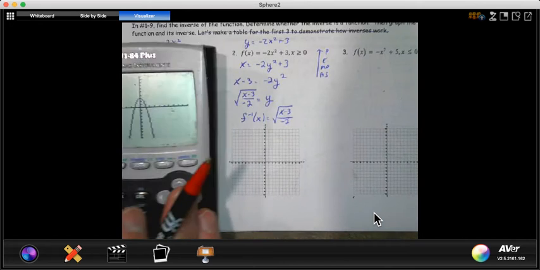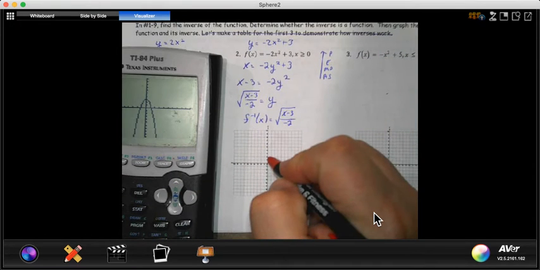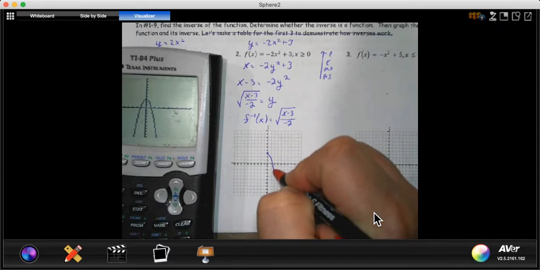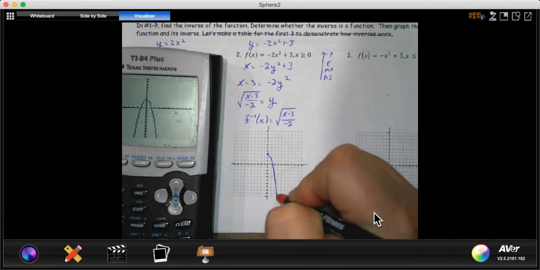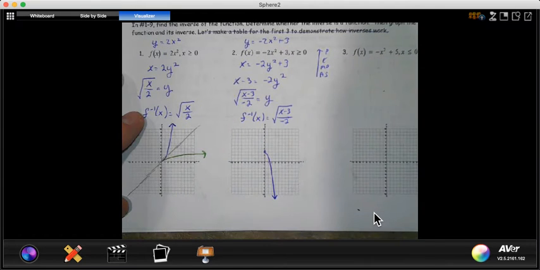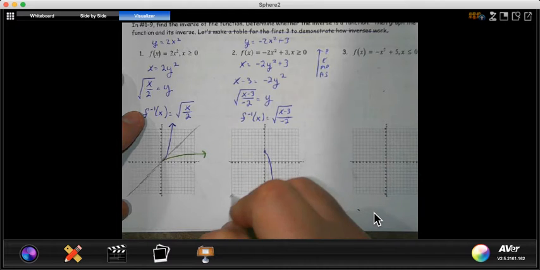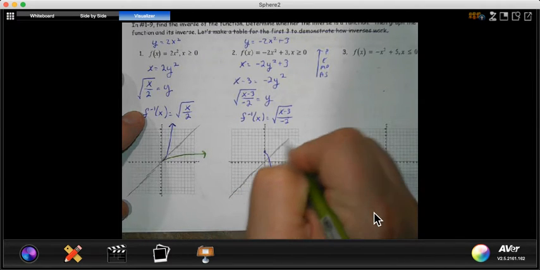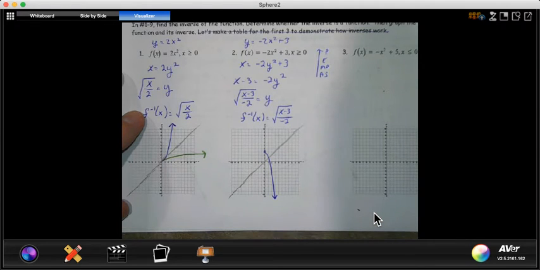So we're going to go up to 3, 2, 2, 2. And then we're going to trace that guy right there. Okay. Let's draw our imaginary mirror line. It's just the diagonal.